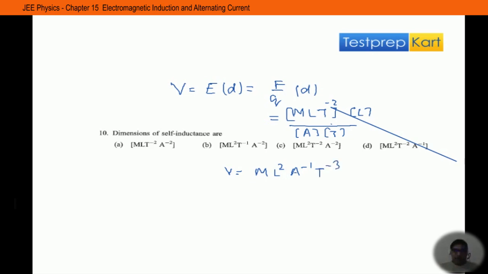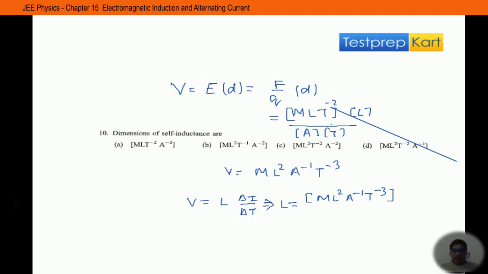Okay. Now we know that EMF or voltage is equal to L delta I over delta T. So from here we can find out dimension of L, that is self-inductance. We already have dimension of voltage, that is M L square A to power minus 1 into T to power minus 3.